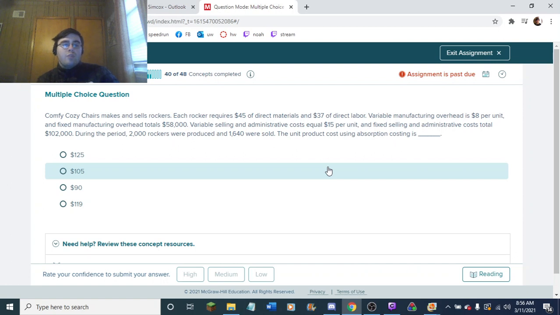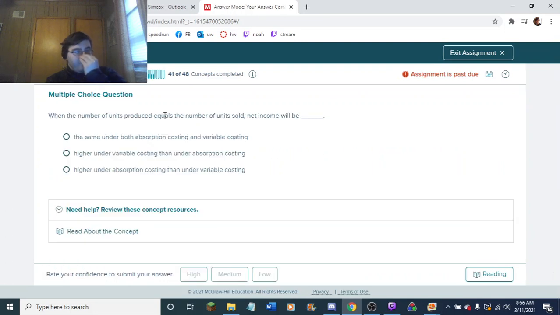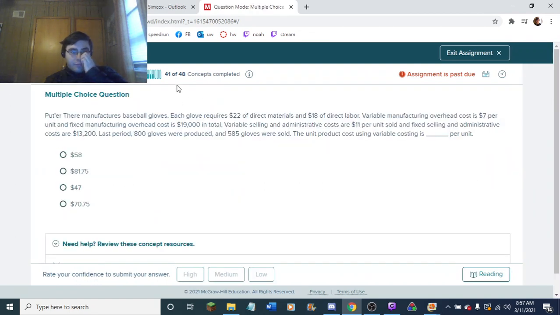For the fixed manufacturing overhead, you do the amount produced. 119. Put her there. Nice.